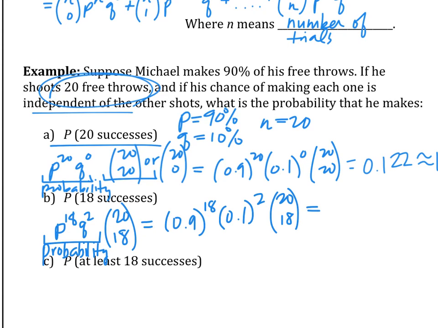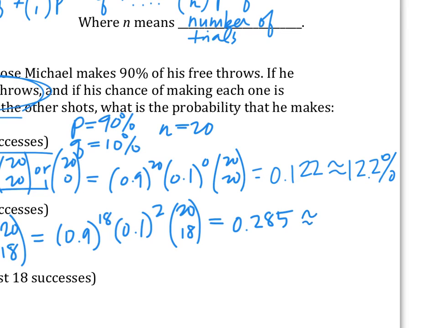So 0.9 to the 18th times 0.1 to the second times 20 choose 18. That is about 0.285, or changing that into a percent, 28.5%.